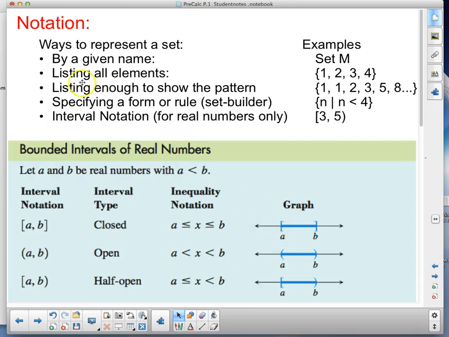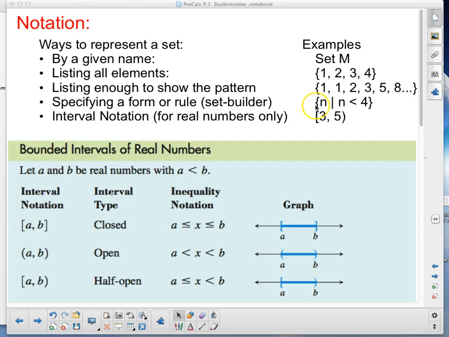Now we'll talk about ways to represent a set. By a given name, we can talk about set M, listing all the elements inside brackets: 1, 2, 3, or 4. Listing enough to show the pattern: 1, 1, 2, 3, 5, 8. Now specifying a form or rule in set builder notation is something that we're going to be working on this year.